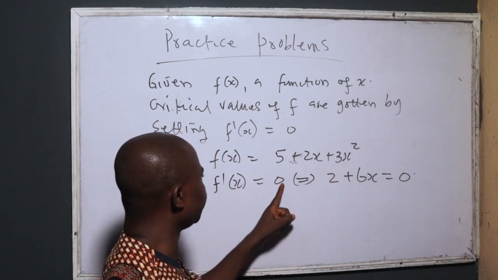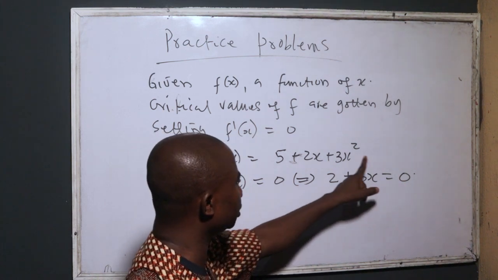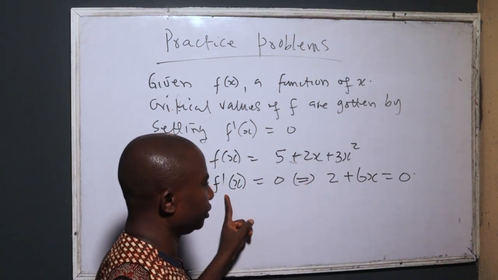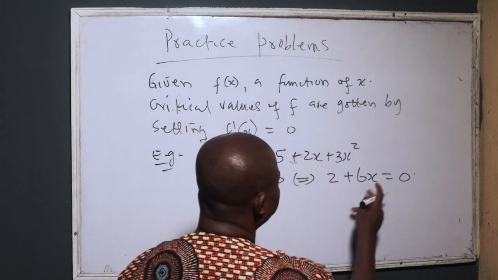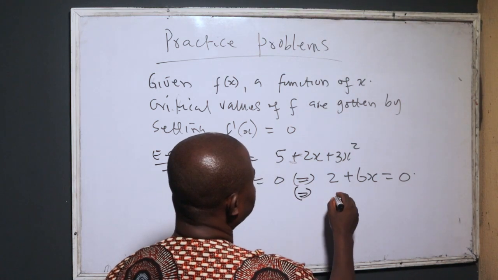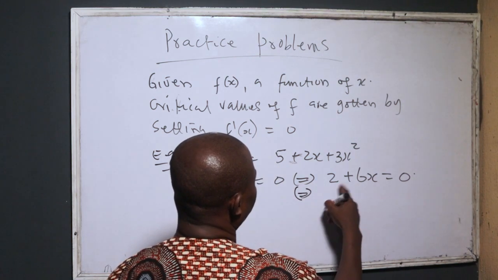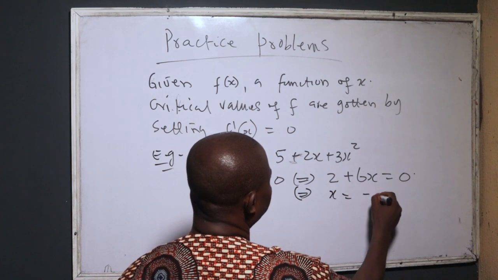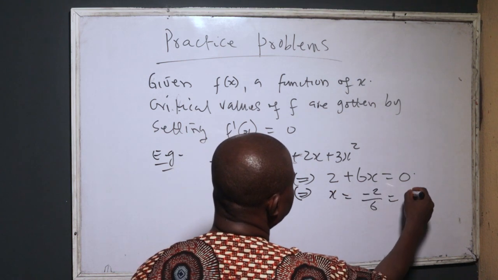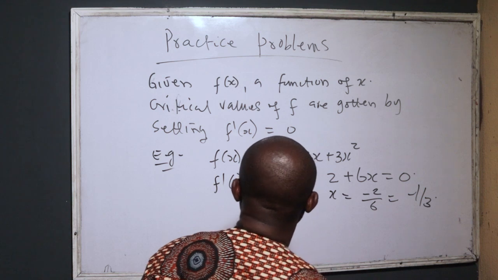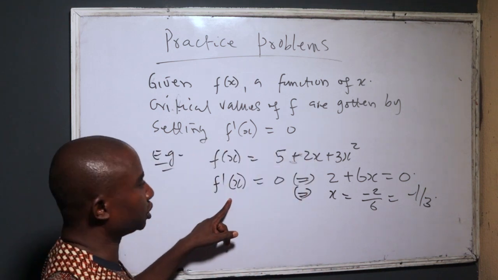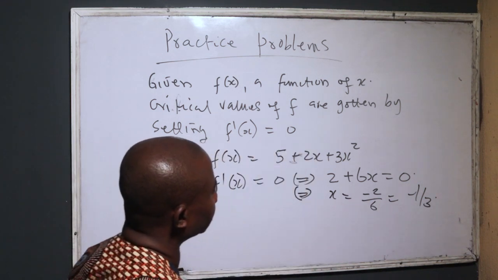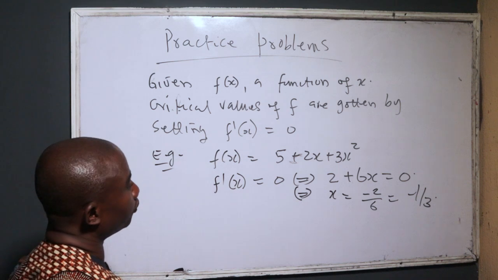If this derivative is 0, it means this is 0. Now if you solve this, you get immediately that x is minus 2 divided by 6, which is minus 1 over 3. So the only critical value of this function is when x is equal to minus 1 over 3.